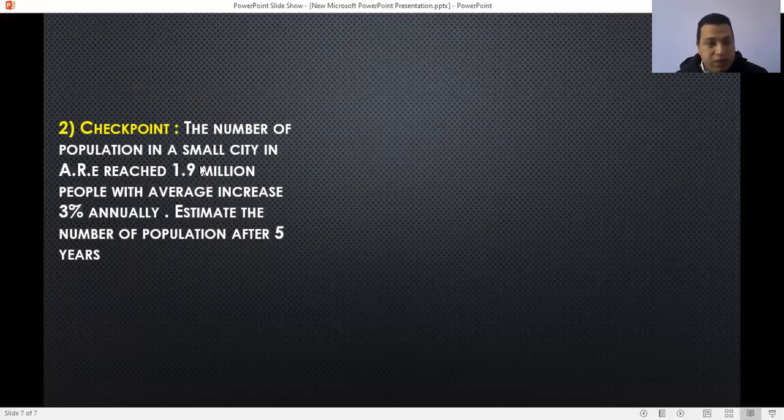In this example, the initial value is 1,900,000 people, and this number is increasing by 3% annually, and you want to find the number after 5 years. It is easy to solve.